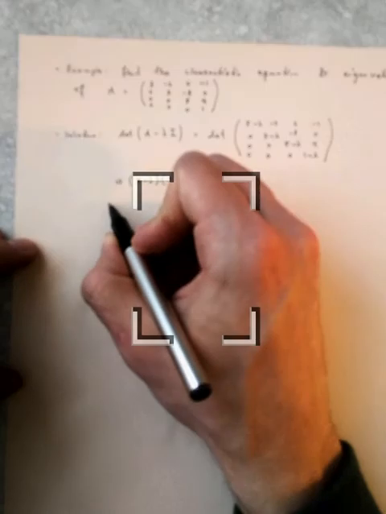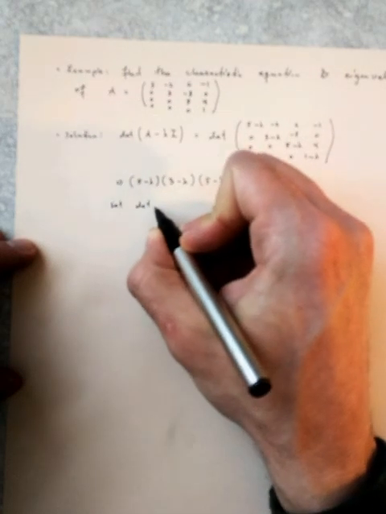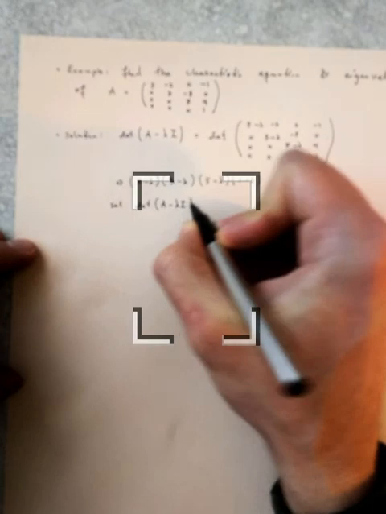So what I want to do now is set the determinant of A minus lambda times the identity equal to 0.